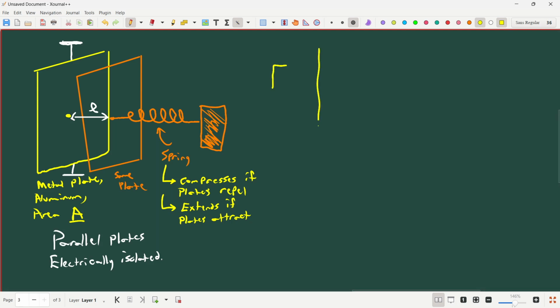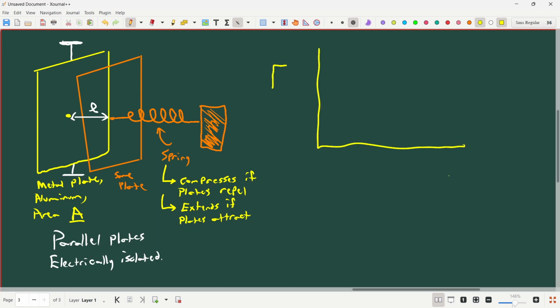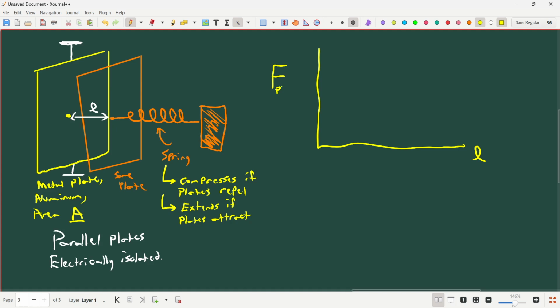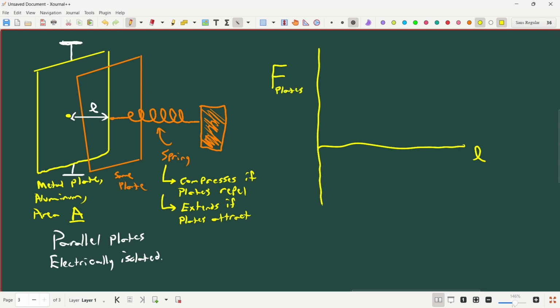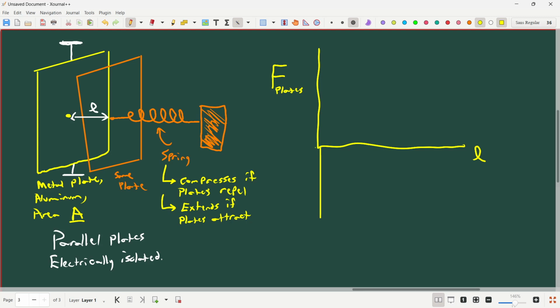So what we'll do is plot, as a function of L, the distance between the two plates, the force felt by the plates. And I'll make it positive and negative. So 0. If it's a positive force, this means repulsion.